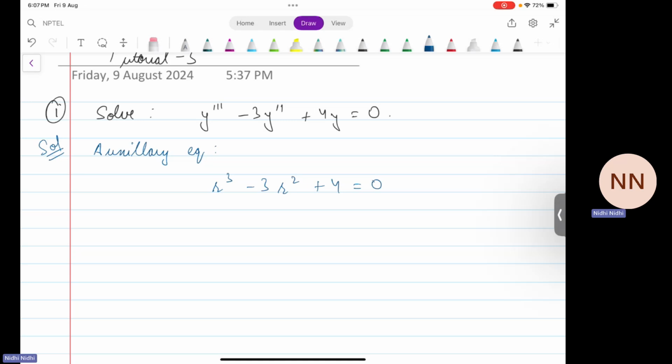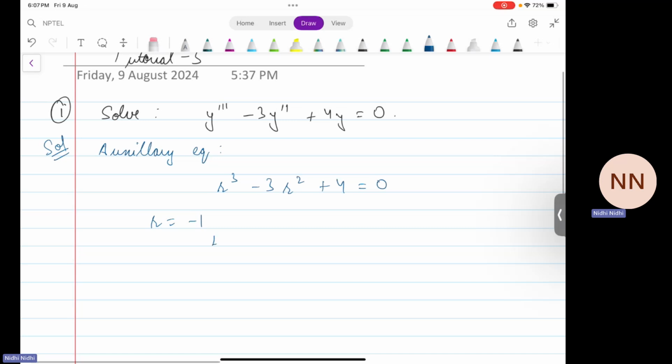So here we can see that if we take r equals minus 1, then clearly the left hand side is minus 1 cube minus 3 plus 4, which is again 0, the right hand side. Therefore r equals minus 1 is a root for this equation, or we can say the root of this polynomial.